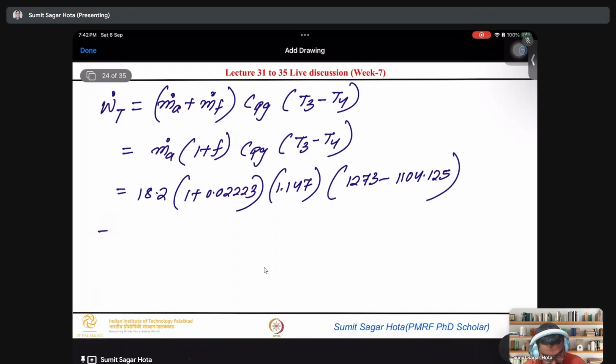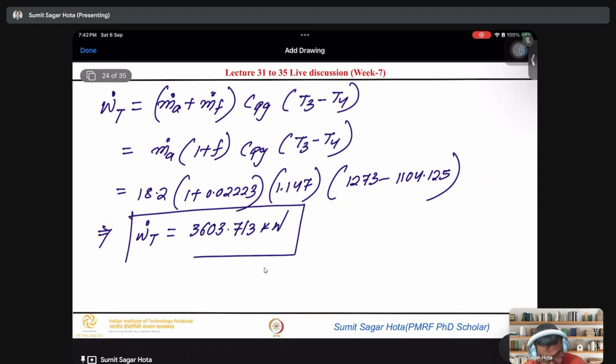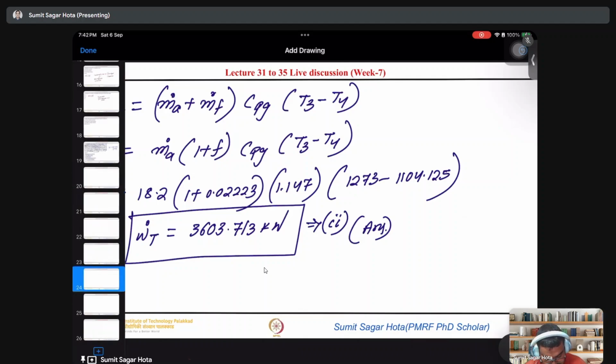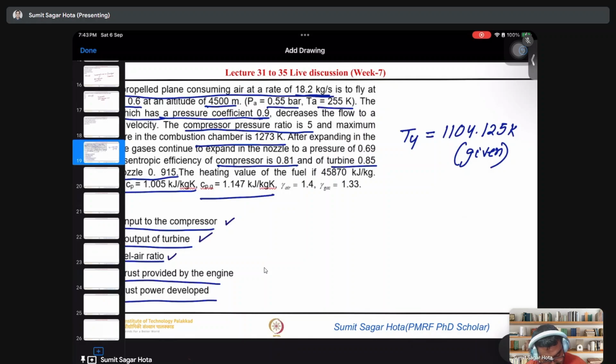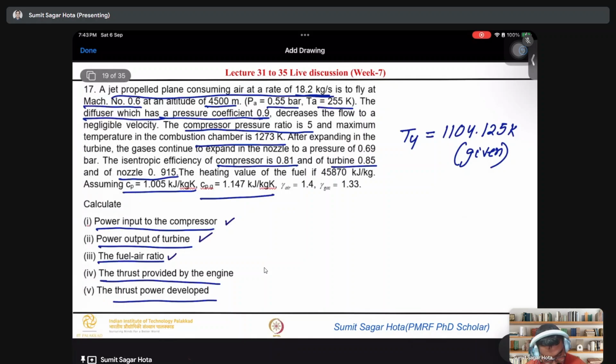When you solve it, you get WT as 3603.713 kilowatt. This is your second bit answer, the power output of the turbine.